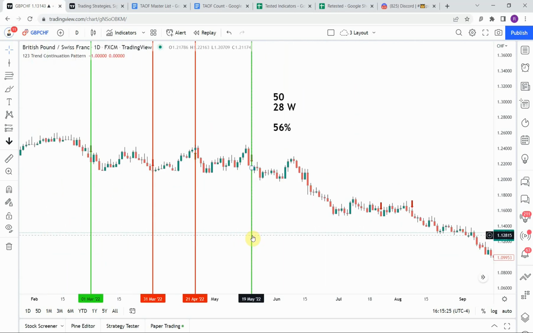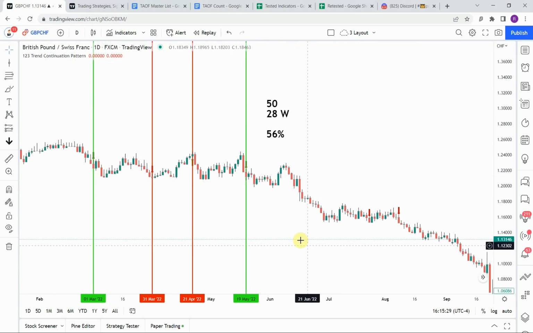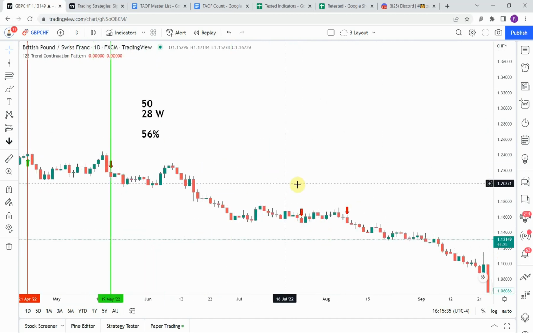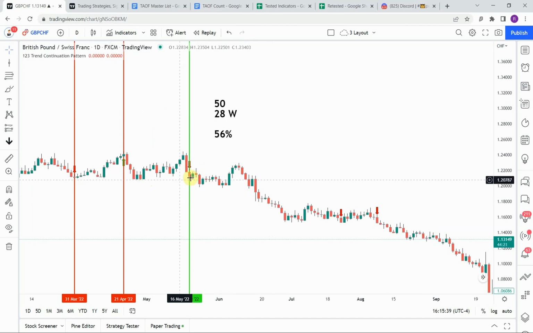Again, I wonder if using something to identify an overall trend direction, a larger trend direction, wouldn't help this one out a little bit. I think there is some merit to this one. It does seem to give out some reasonably decent signals, even though it barely misses our 60% criteria.